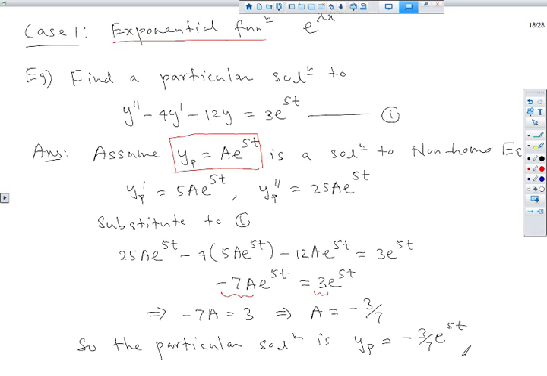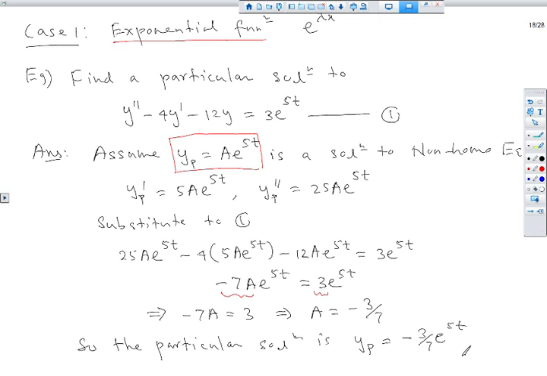Since you have e to the 5t, you assume a solution of the form a e to the 5t, and then the goal is to find a. How do we do it? We take the derivatives first, you need the first derivative and second derivative, and then plug into the equation. Once you simplify, on the left side you're going to get negative 7a e to the 5t. On the other side you're going to get 3e to the 5t.